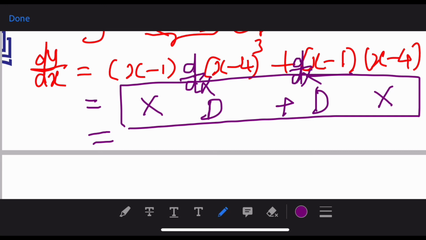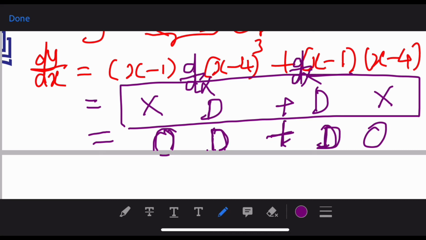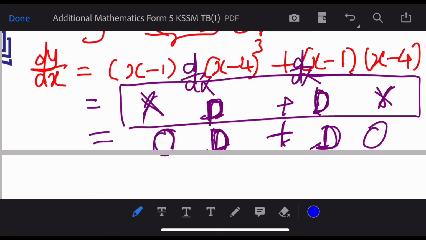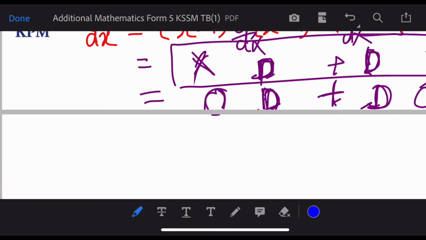Okay, X D, D X. Understand? But some teachers teach you O plus D O, OD DO. Meaning O means you don't do, D means differentiate. So don't differentiate, differentiate, then differentiate, don't differentiate. Rotation. Can you memorize the shortcut that I teach you?